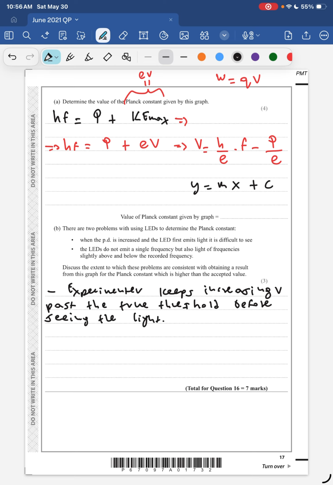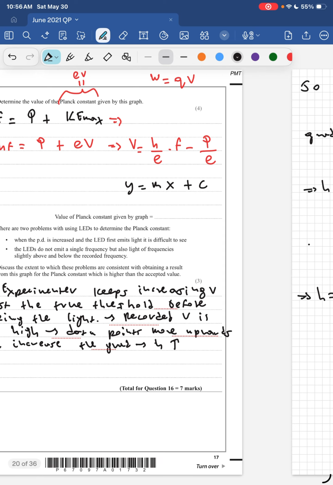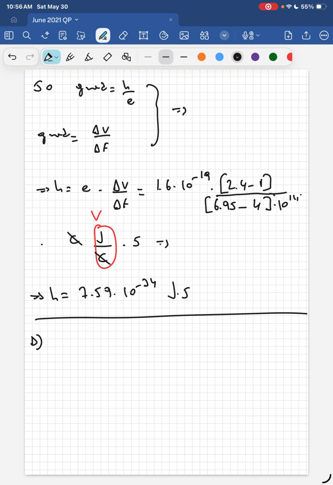So this might create the problem that the recorded V is too high, which means that data points move upwards and increase the gradient, hence H increases. Then we have this space here, so let's write here for part B.